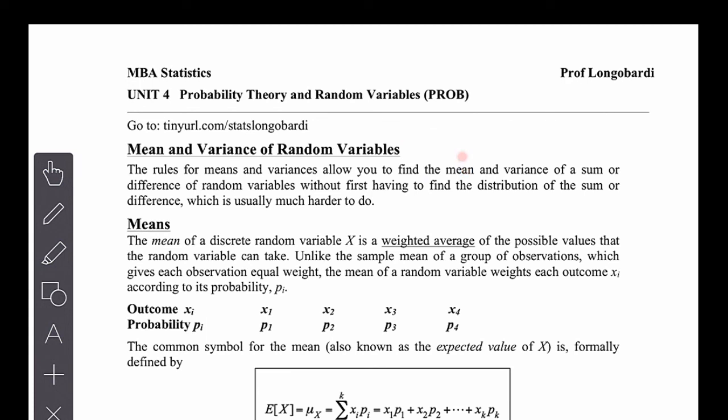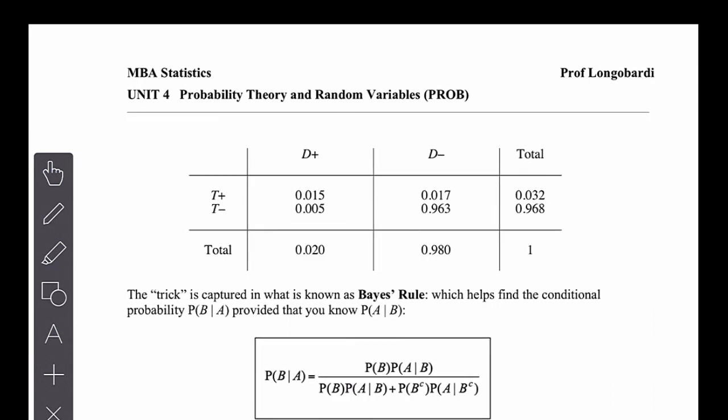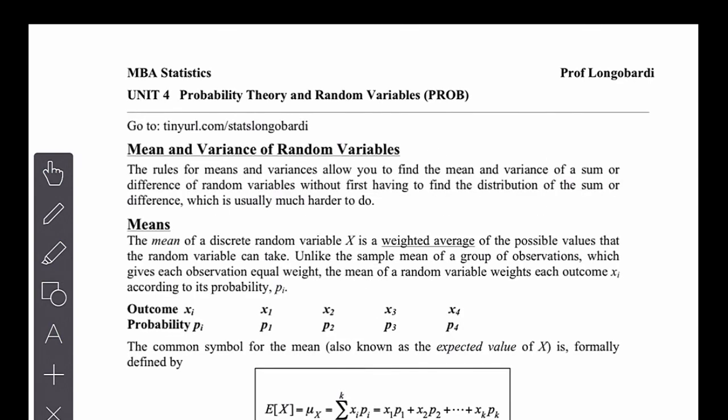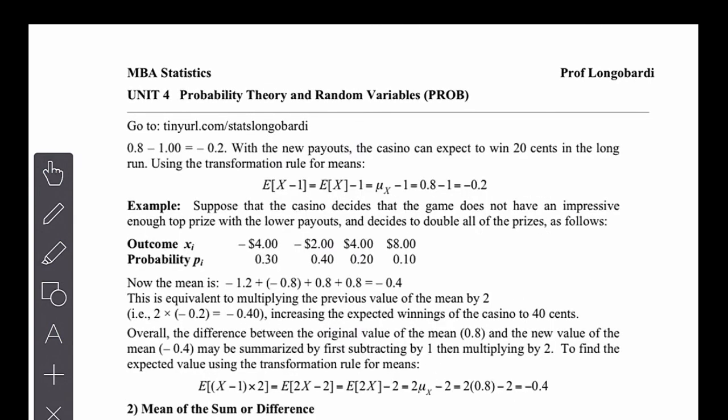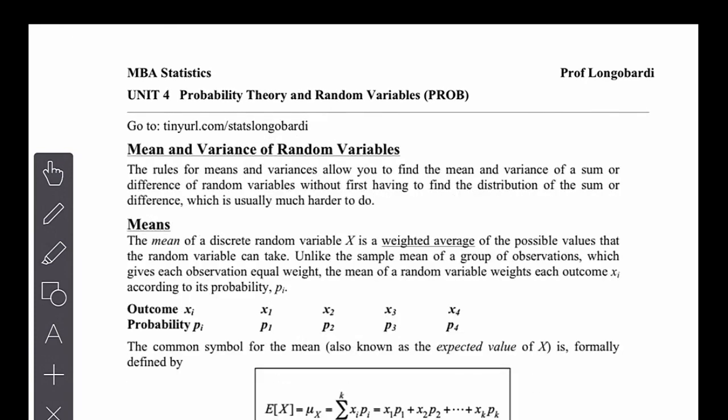Thursday, Friday, I'm going to do a presentation on Thursday and Friday, so I should be able to finish it this week. Okay, but the quiz then will include everything up to here. The quiz on Thursday will be everything including the Bayes rule. And we're going to finish Unit 4 this week, so that next week I can begin Unit 5.